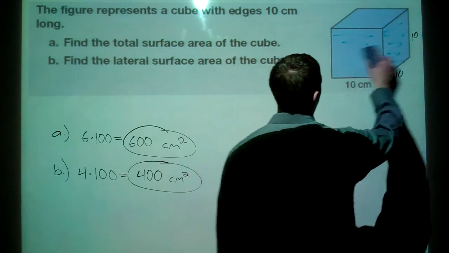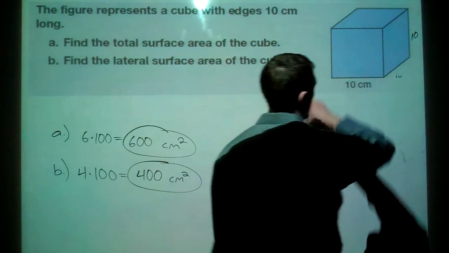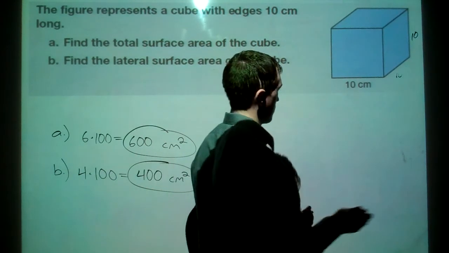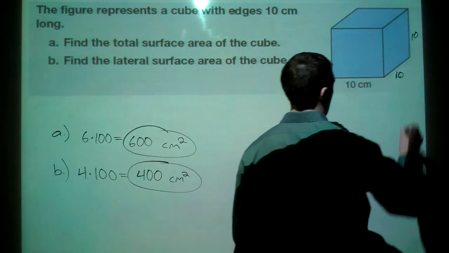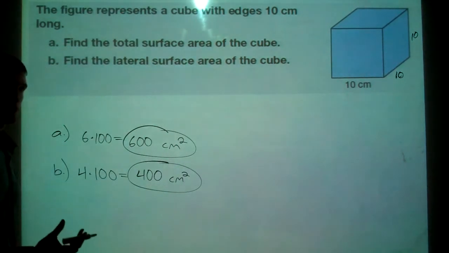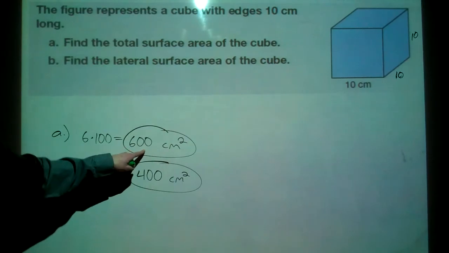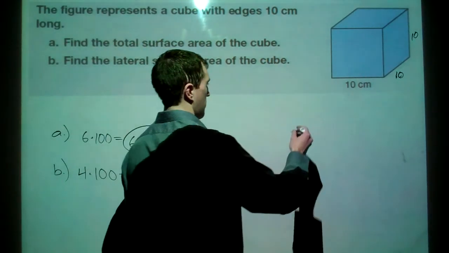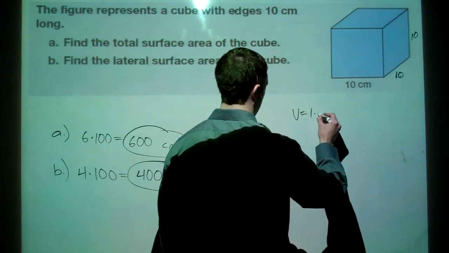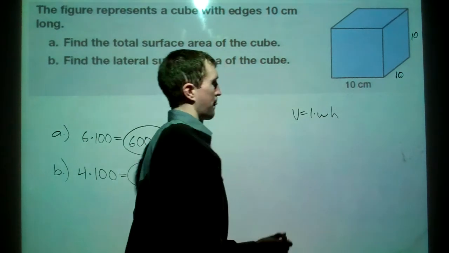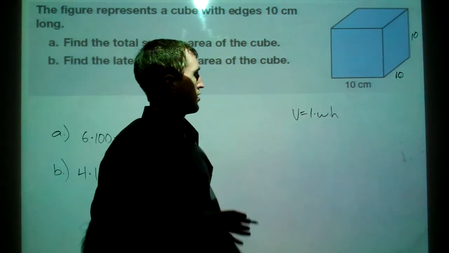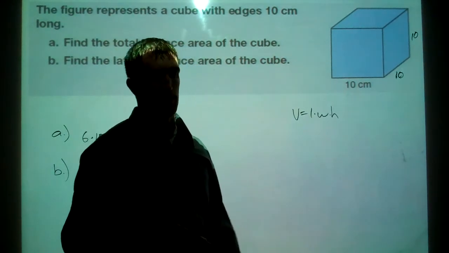Alright. Now the difference between, like I mentioned, volume and surface area. Total surface area is 600 centimeters squared. Volume yesterday for a prism was length times width times height. That tells us how many cubic centimeters are going to fit into this cube.